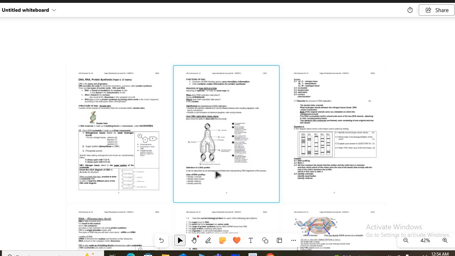Using free nucleotides from the cytoplasm, complementary base pairs are formed with RNA molecules: adenine is joined to uracil, and cytosine to guanine. Remember, we are creating mRNA, which is a part of RNA.